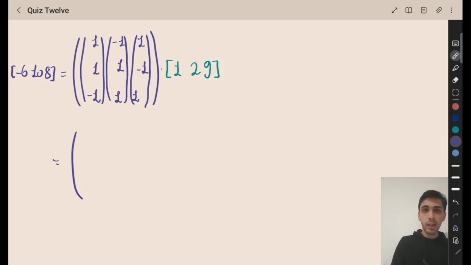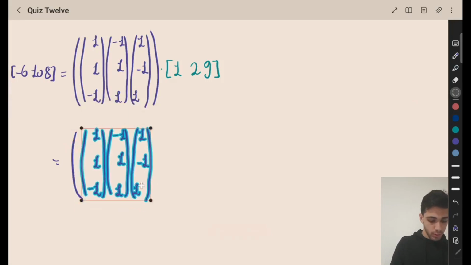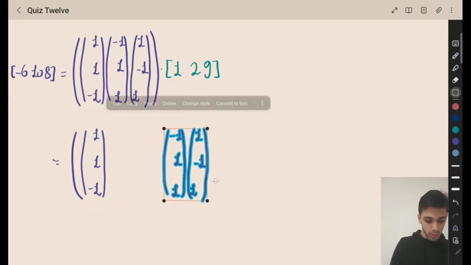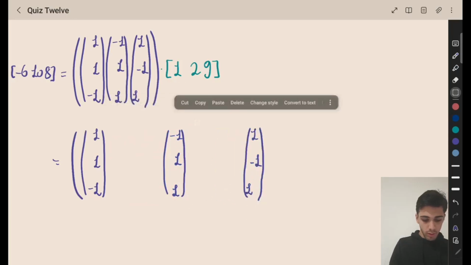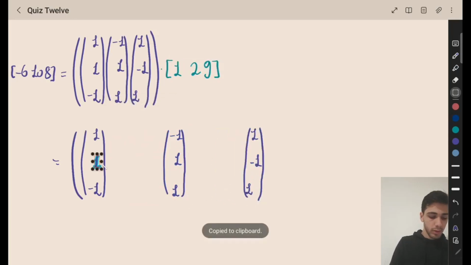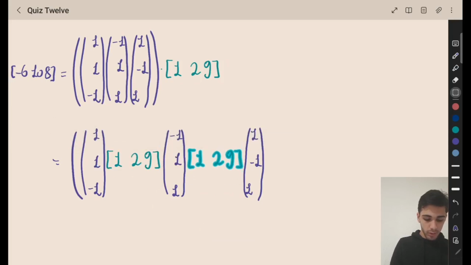Because remember, this is a vector being multiplied by a vector of vectors. So I get this as my first entry. This is my second entry. And this is my third entry.